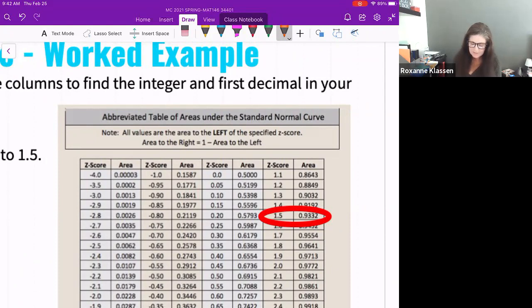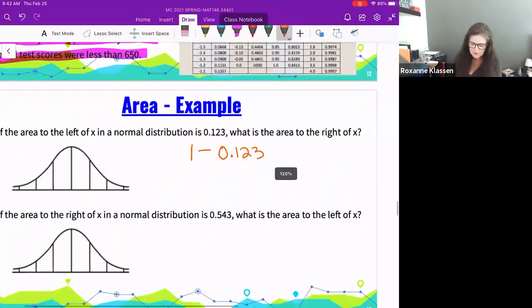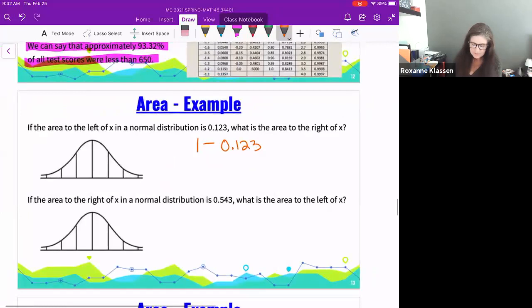The area to the right is 1 minus the area to the left. So if it tells you this is the area to the left, to find the area to the right, you do 1 minus that value. If it tells you the area to the right and it wants the area to the left, you still subtract from 1. So find those two values.